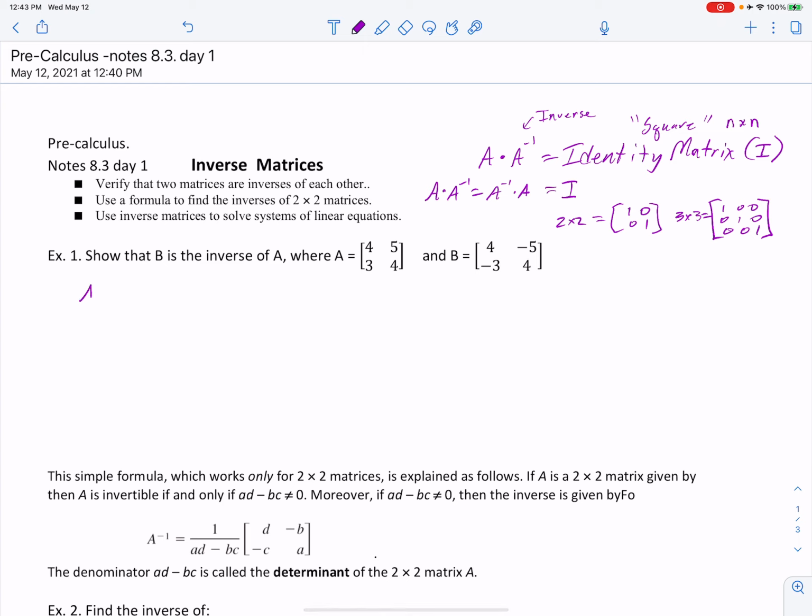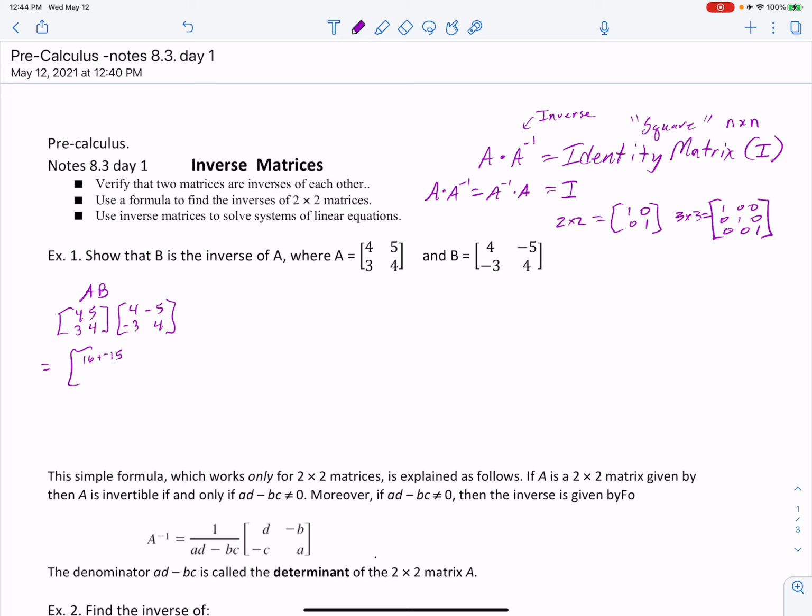So in example 1, it says show that B is the inverse of A. Well, what we need to do is just multiply them. So we have matrix A, and then we have matrix B. And when we go to multiplying them, again, we have the first row times the column. You get 16 plus a negative 15. Then move to the next column.